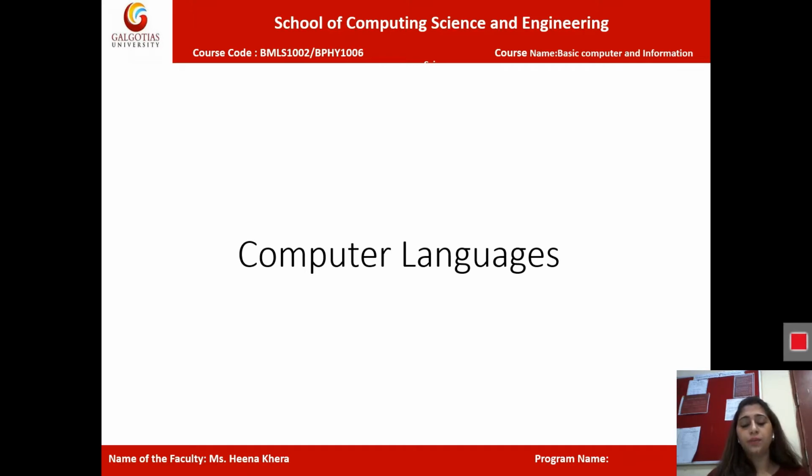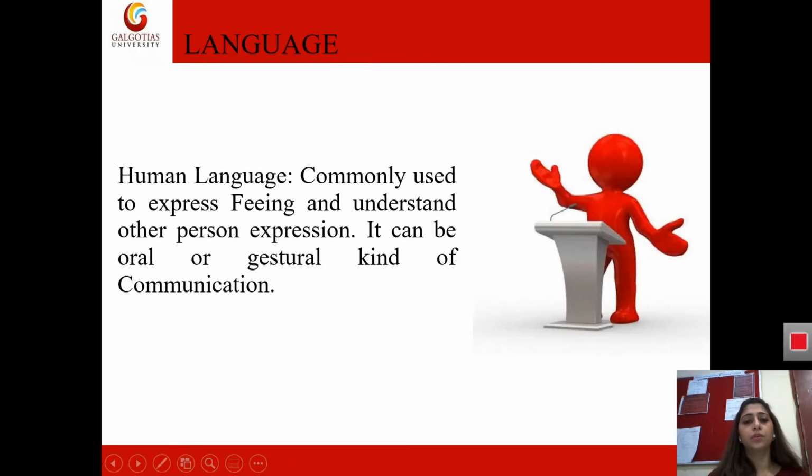Another way of communicating is through gestures, emotions, and face expressions. These are all different ways, or languages, in which we can communicate. The way of communication is basically known as language.